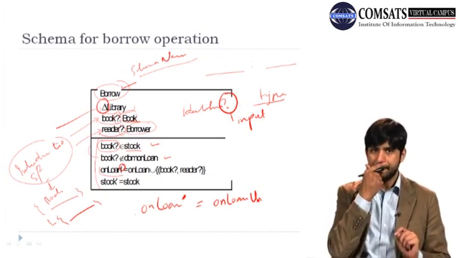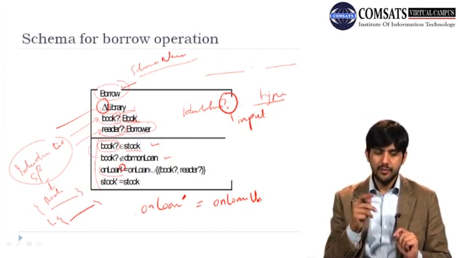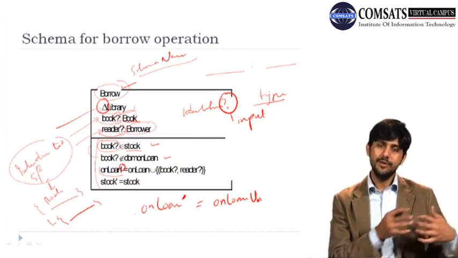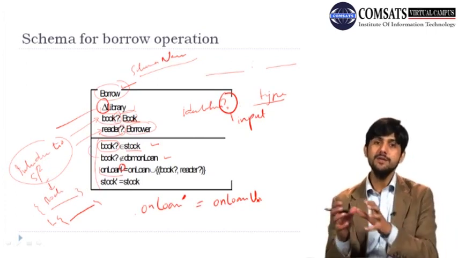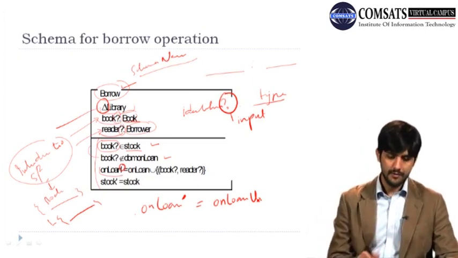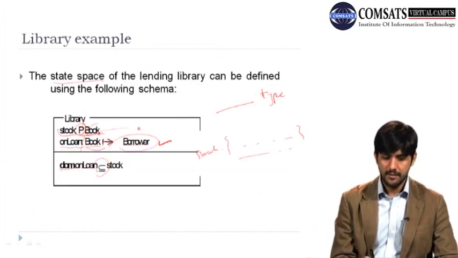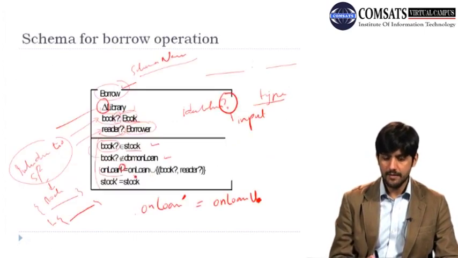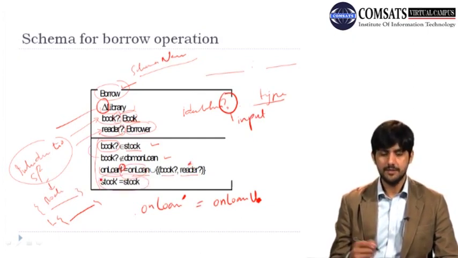And whenever this happens, two things are going to happen. One, my set of on loan books is going to increase. Secondly, an association is going to be created between that borrower and that book, which is defined here. So whenever I am calling this, first of all, the on loan set is going to increase, and secondly, this book will be on loan to this particular borrower. But there will be no change in my stock set. So my stock stays the same.